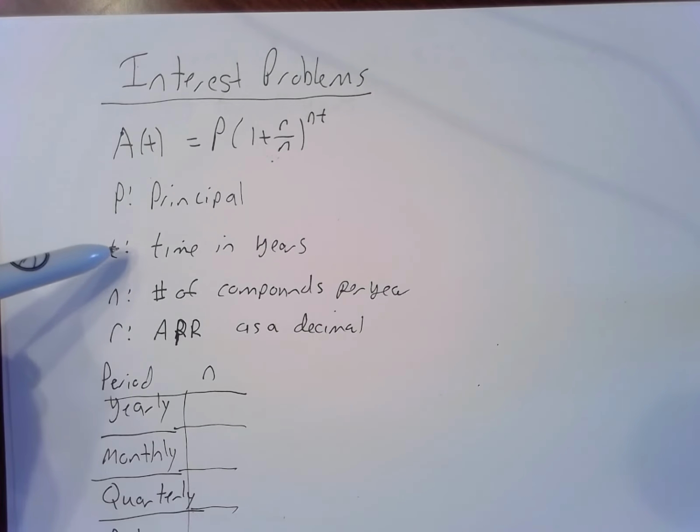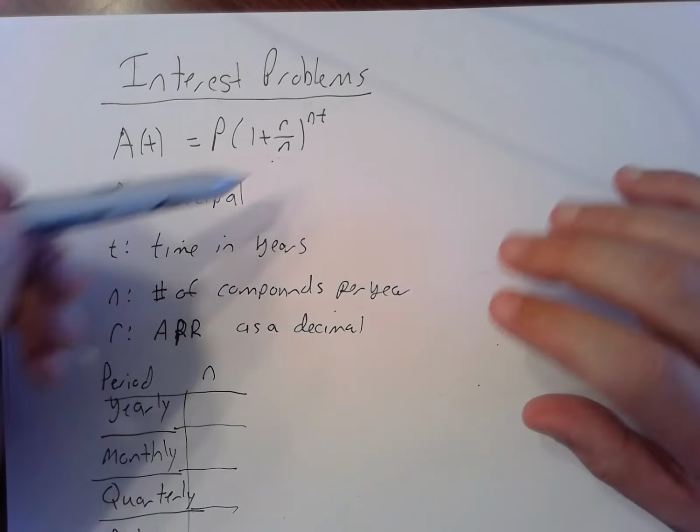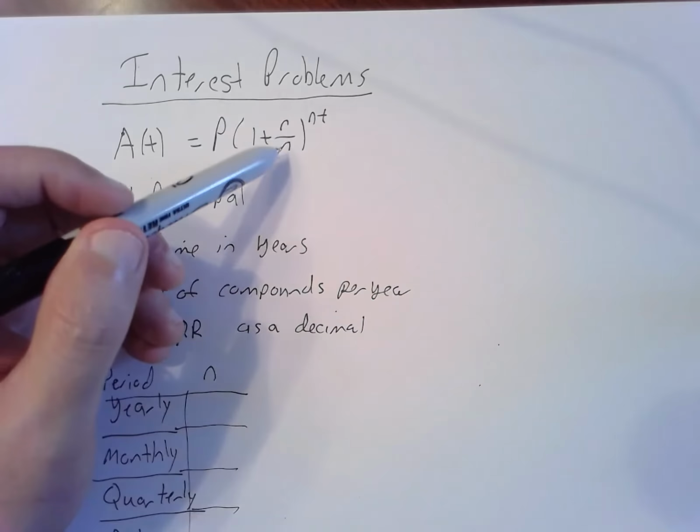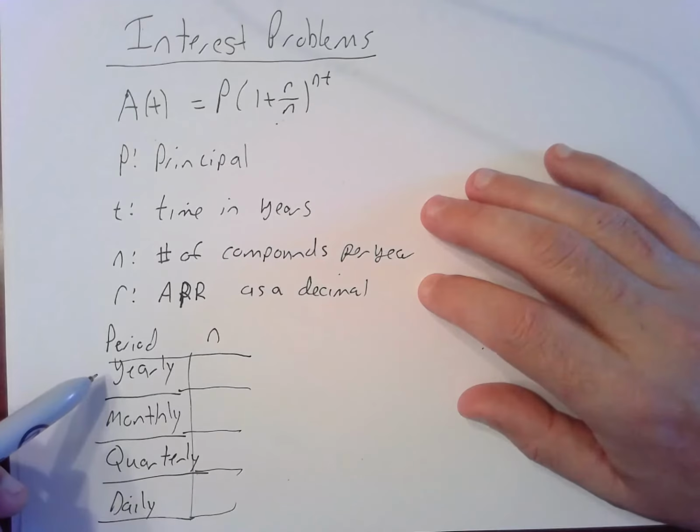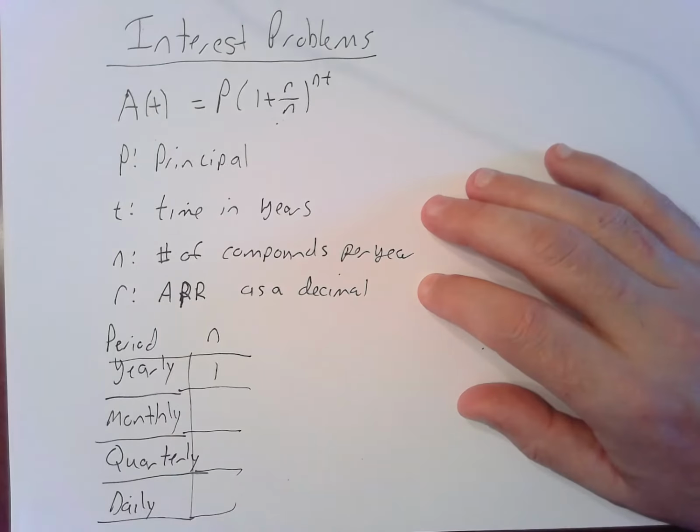Time's always measured in years. n is the number of times you're compounding per year. And r is your annual percentage rate as a decimal. So the main key here are all the different n's. If we're compounding yearly, then n is once per year.